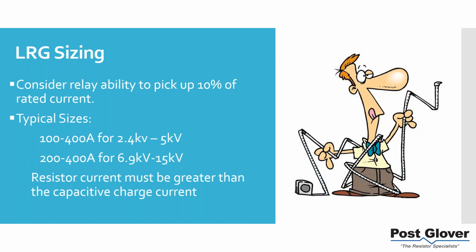the relay's ability to pick up 10% of the rated current. That's not always the case, but understand that if you have a 400 amp resistor and your system has, let's say, 30, 40, 50 amps of continuous current, or something higher than 10 amps typically, you'd want to see if you could pick that up with your system.